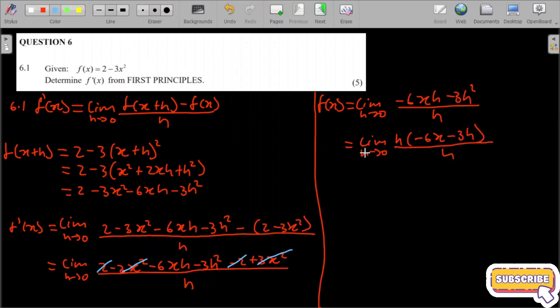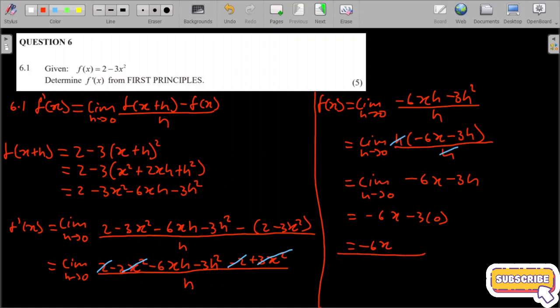And then this h cancels this h, and then I'm left with the limit as h approaches 0 of negative 6x minus 3h. And then from here, we substitute 0 into h, so it's going to be negative 6x minus 3 times 0, and then I have negative 6x. This is my first principle.